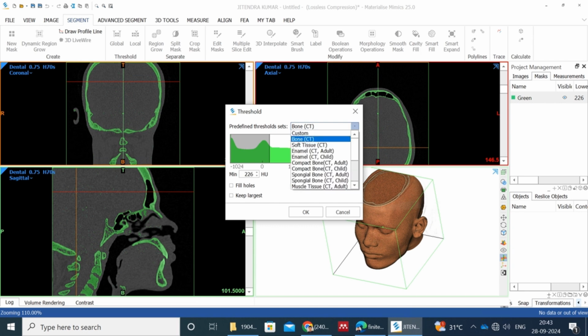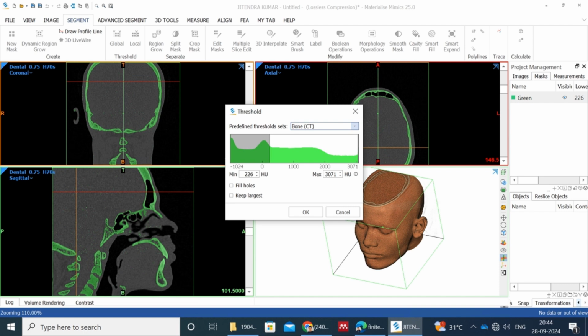In the drop down you will get different predefined threshold sets, like bone, soft tissue, enamel, compact bone, muscle tissue, skin tissue, tooth, and prosthesis. I have selected bone here because we want to segment out the bone.